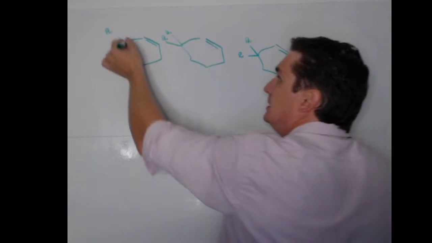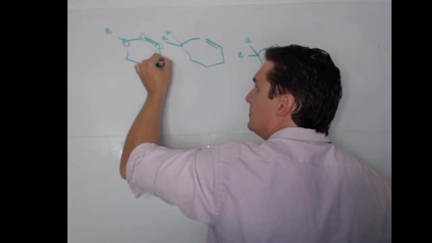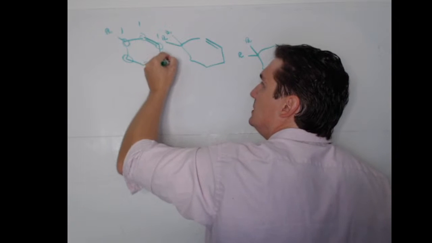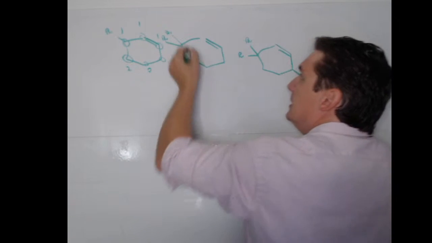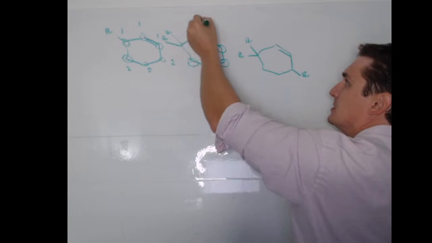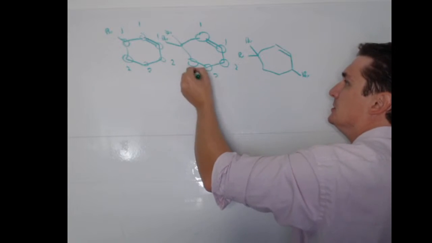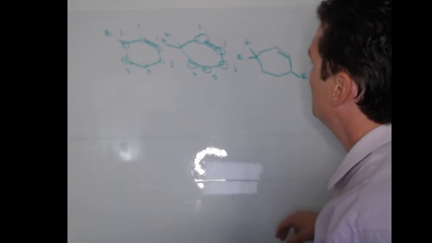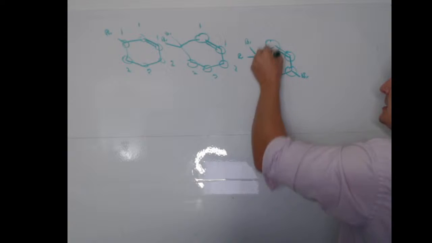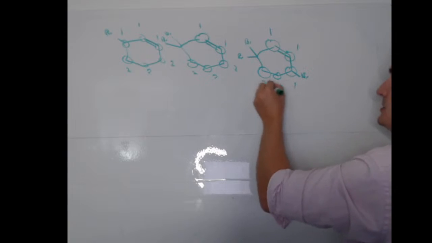So we expect to see 1, 2, 3, 4, 5, 6 NMR peaks with areas 1, 1, 1, 2, 2, 2. This we expect to see 1, 2, 3, 4, 5 NMR peaks with areas of 1, 1, 2, 2, and 2. And then with this one, we expect to see 1, 2, 3, 4, 5 peaks with area 1, 1, 1, 2, and 2.